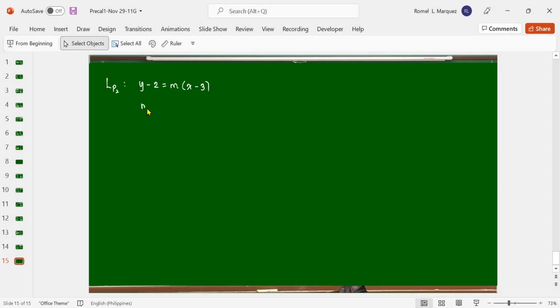So in expanded form, mx minus 3m equals y minus 2. Or that is mx minus y minus 3m plus 2 equals 0.